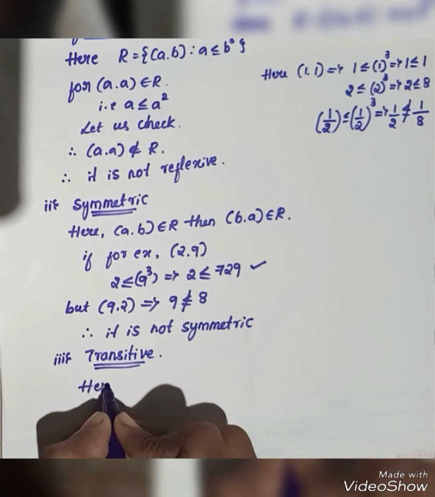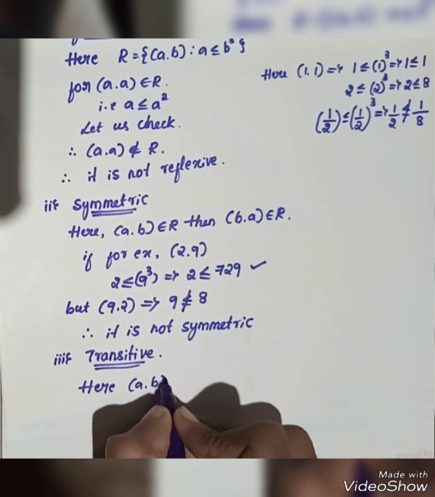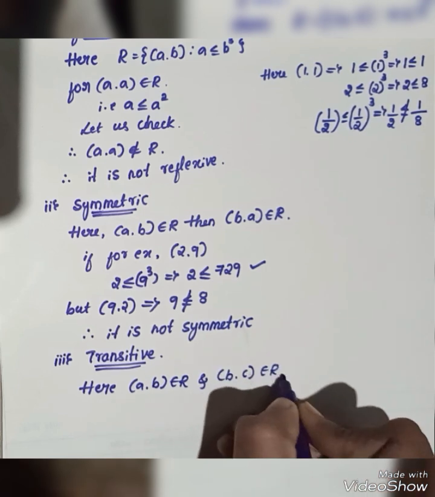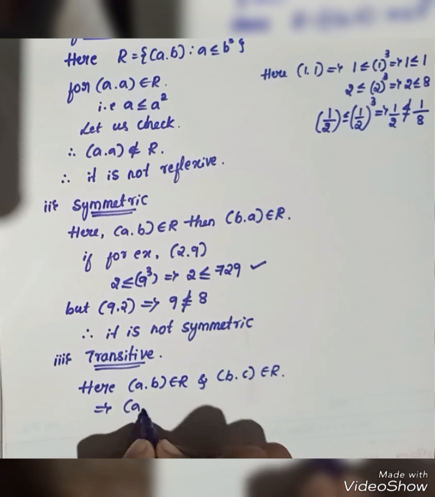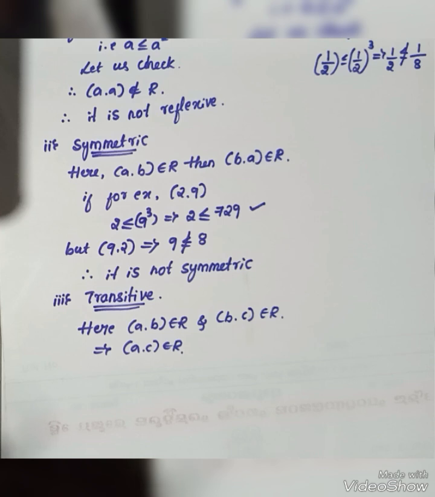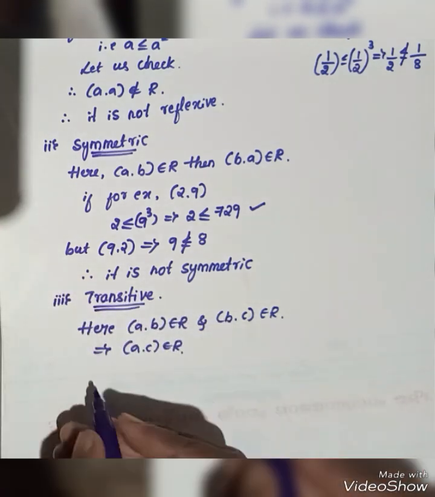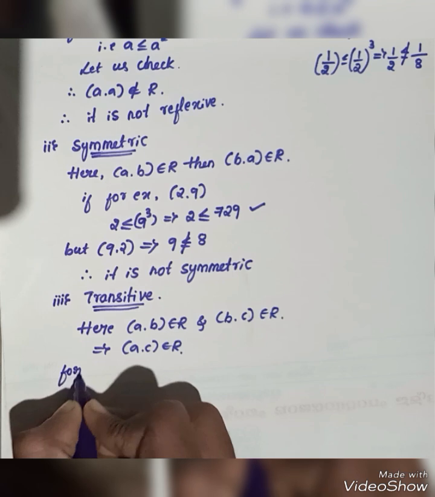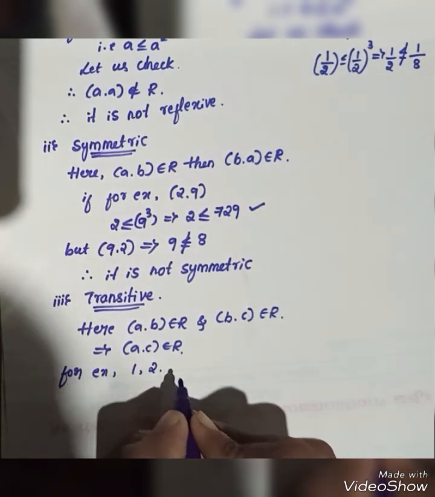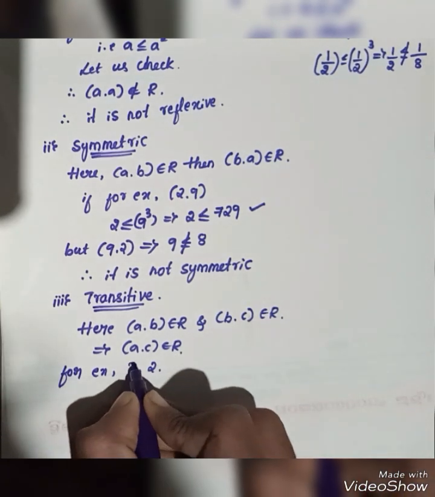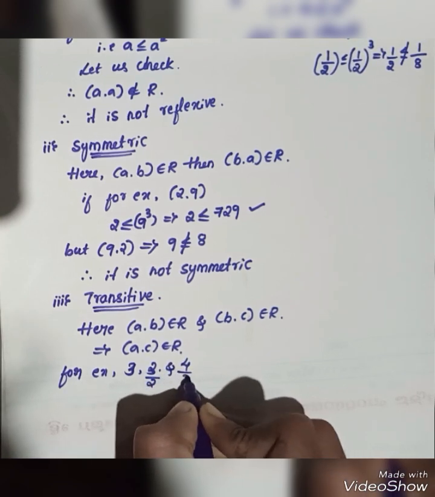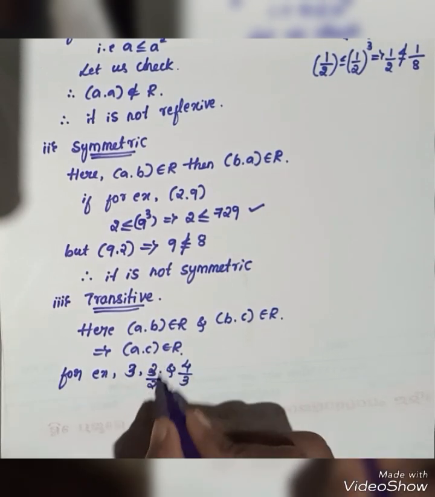Here, (a, b) belongs to R and (b, c) belongs to R. That implies (a, c) belongs to R. While taking an example, taking 3, 3 by 2 and 4 by 3.